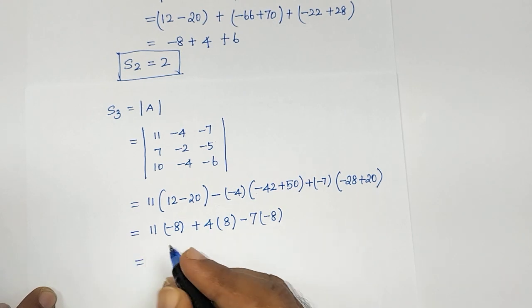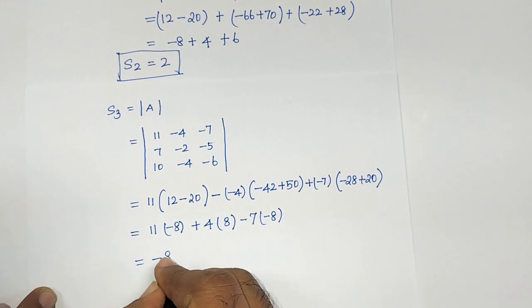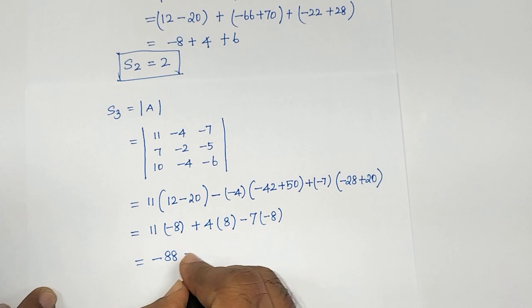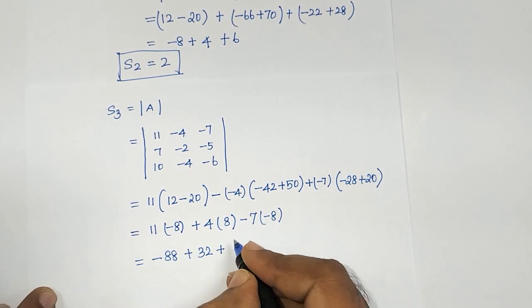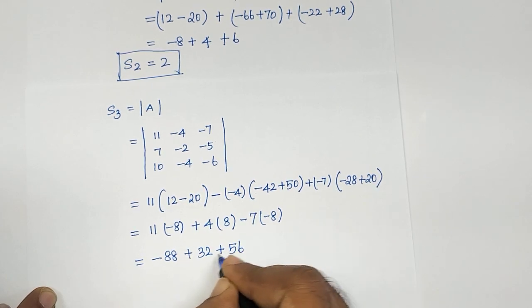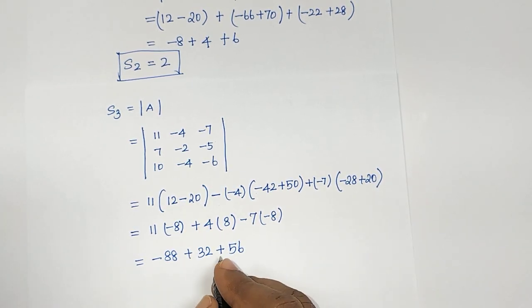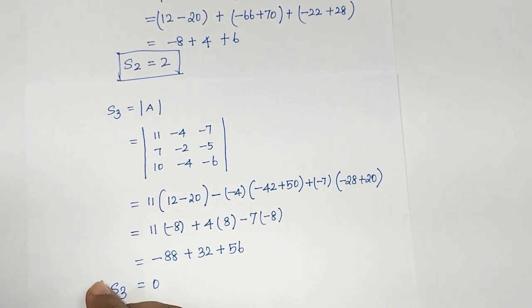So simplify this: minus 88 plus 32, and minus into minus plus 7 into 8, 56. So minus 88 and 32 plus 56 plus 88, both will cancel, and you will get S3 equal to 0.